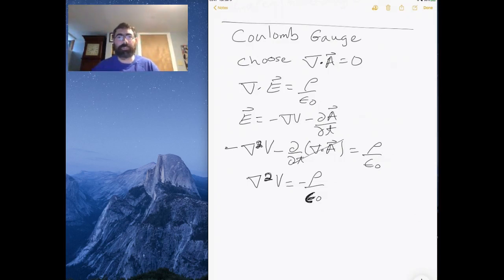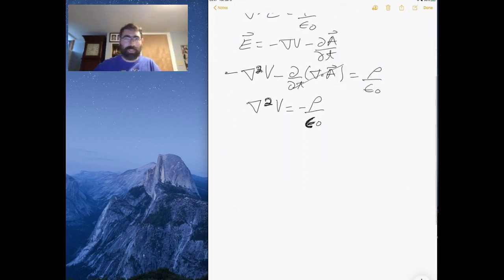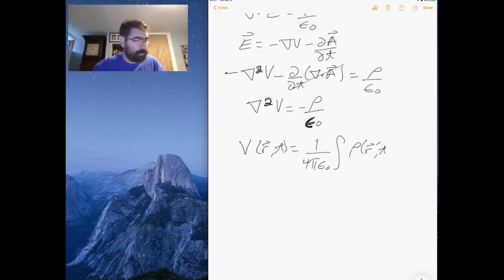This is an example right out of electrostatics, and you can solve this where you get basically Coulomb's law. So basically you get an integration over the volume of the charge density.